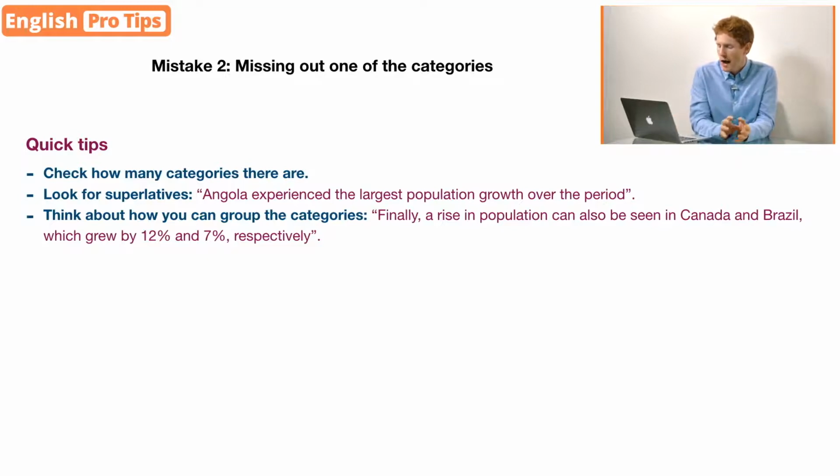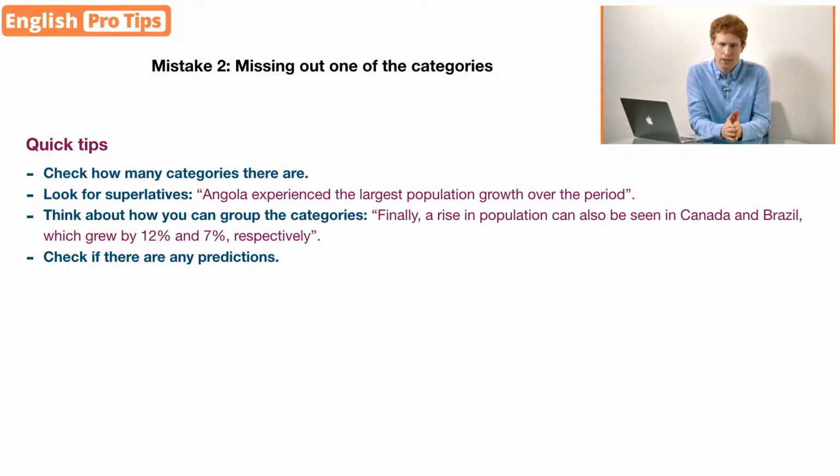Think about how we can group the categories. So for example, in this case, we have countries that increase in population between 2008 and 2018, and we can group those together. Also, check if there are any predictions, and if there are, make sure that you mention this in your overview, but also in the rest of your answer.